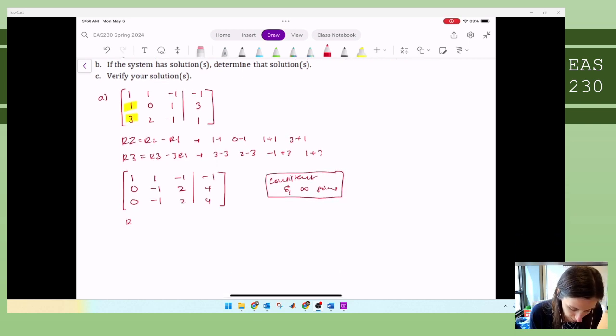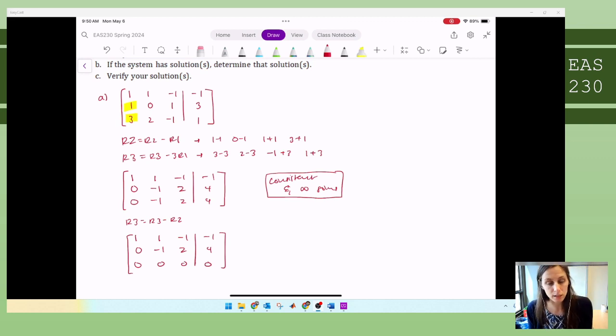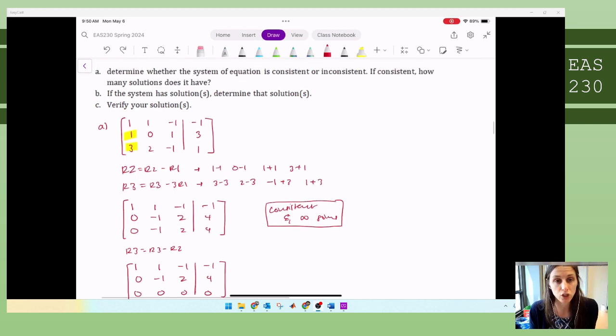If I continue through, I can say row 3 equals row 3 minus row 2, and I can see my zeros fall out of the bottom. But I don't technically need to do that step because I know that's going to happen. It didn't tell me to find it in REF, it just said determine whether or not the system is consistent or inconsistent.